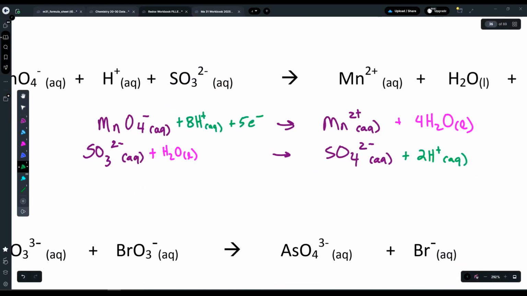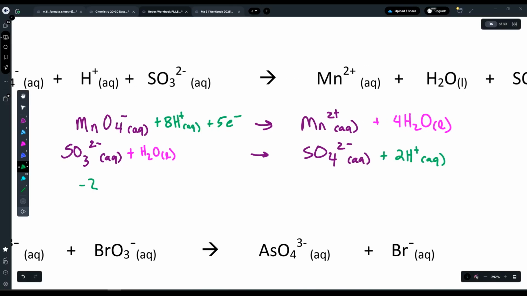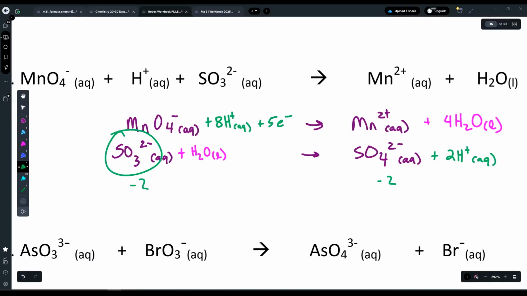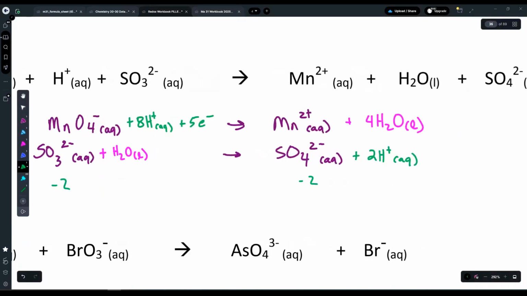Let's do the same for the second reaction. So we've got -2 coming from the sulfite and 0 coming from water, so just a -2 charge on the reactant side, and we have a -2 coming from, just in case I said that was sulfate ions, I meant to say sulfite ions.